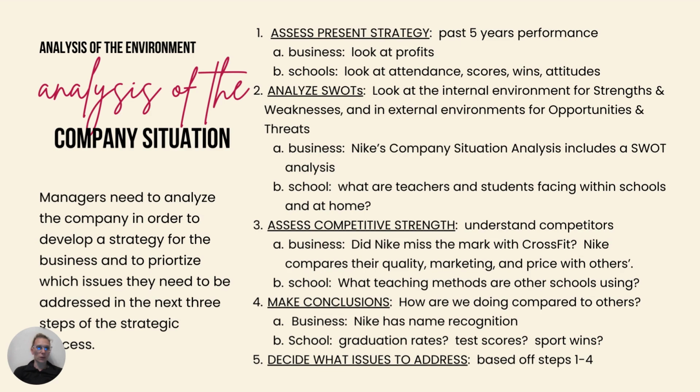SWOT stands for strengths, weaknesses, opportunities, and threats. Look at the internal environment for strengths and weaknesses and the external environment for opportunities and threats. A business like Nike's company situation analysis includes a SWOT analysis. A school, what are teachers and students facing within the schools and at home? Okay.